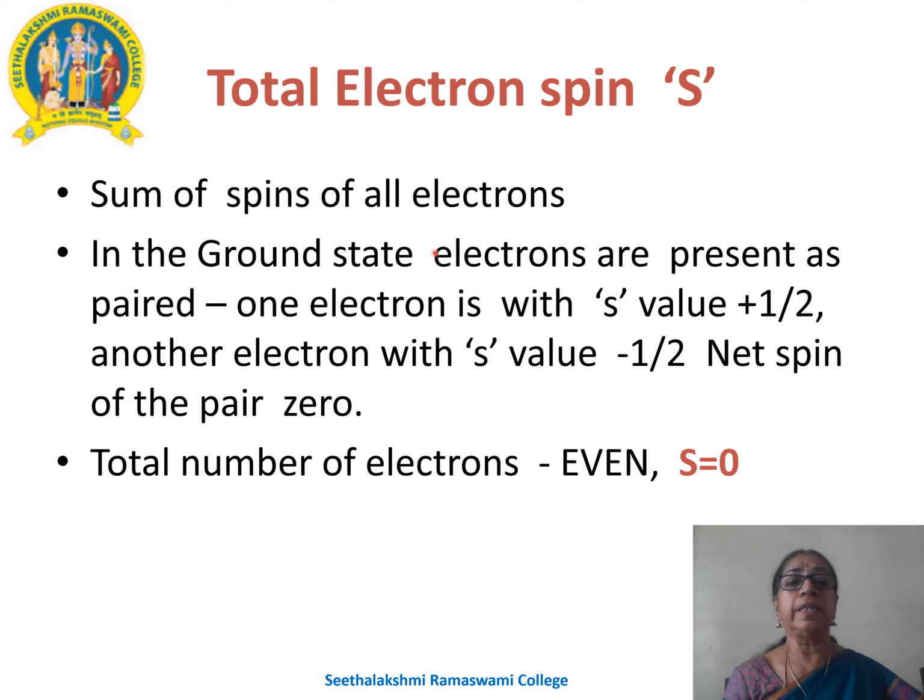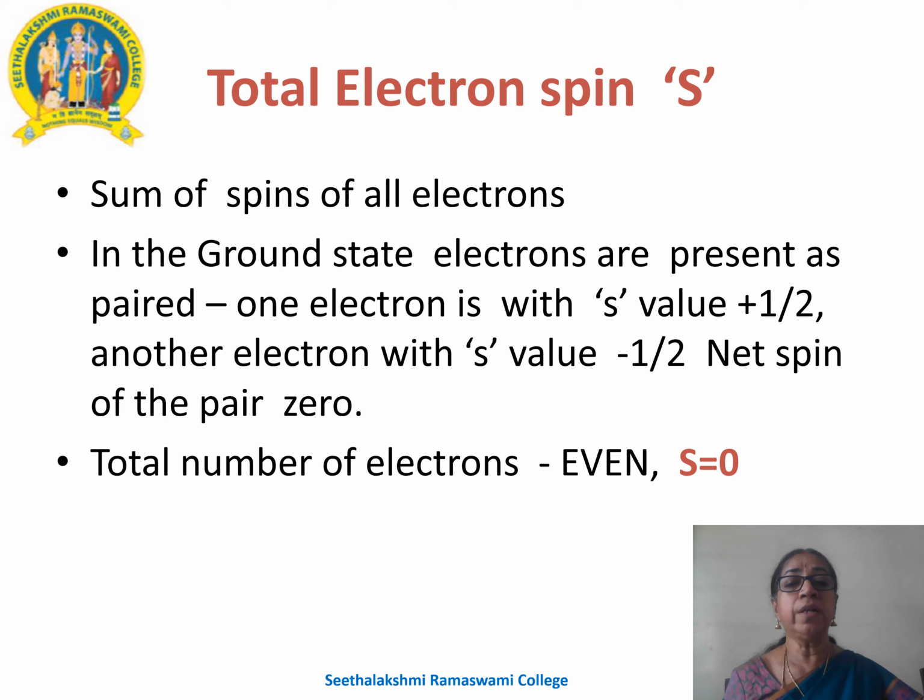In the ground state, electrons want to be present as pairs. Each pair comprises two electrons. This pairing is possible only if the two electrons in the pair have different spins.